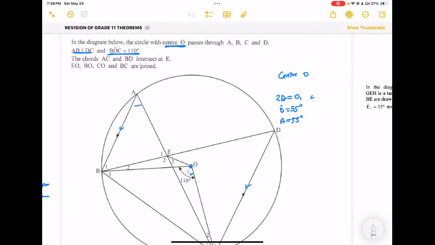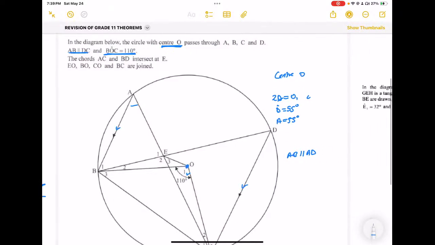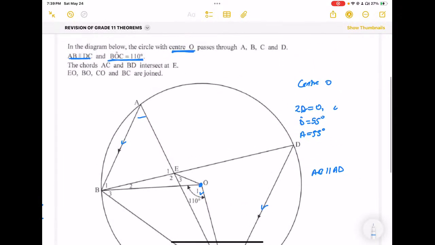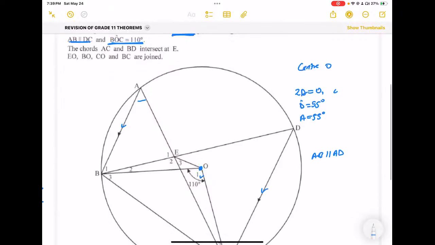Now let's talk about our parallel lines, which is AB parallel to DC, right? So since we've got parallel lines, what do we think of? Parallel lines give us alternate or corresponding angles or something, right?